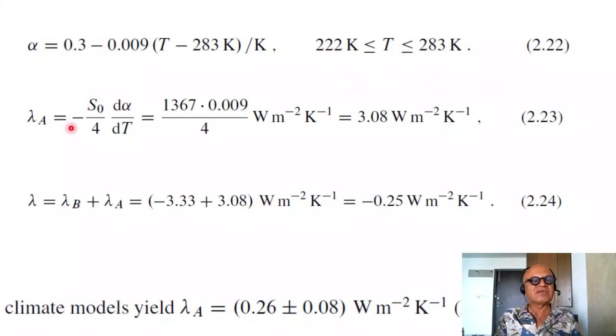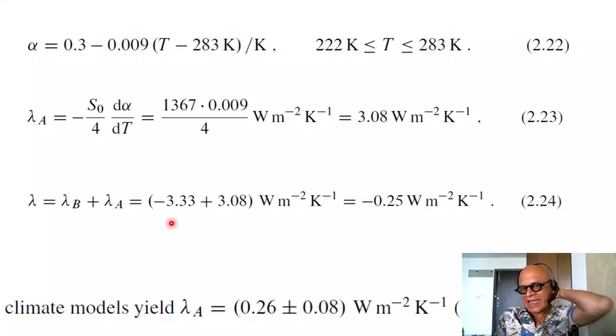From that we can derive the feedback parameter of shortwave, so minus S0 over 4 d alpha dt. You take this relation and include the d alpha dt, which is 0.009, and you end up with an estimate of 3.08 watts per meter squared per Kelvin as shortwave radiation feedback based on the ice albedo process, right?